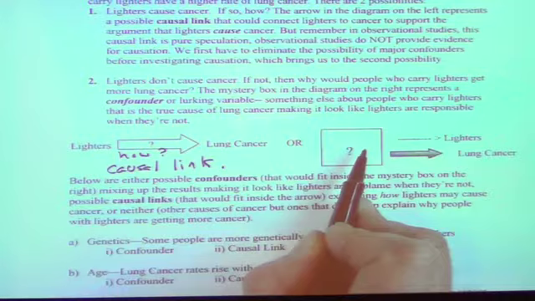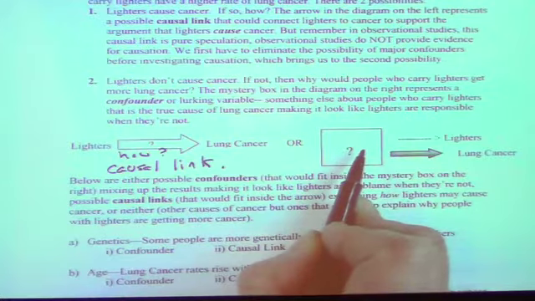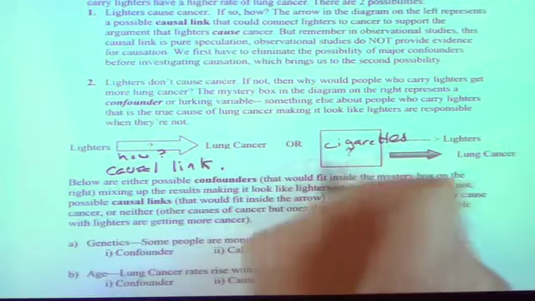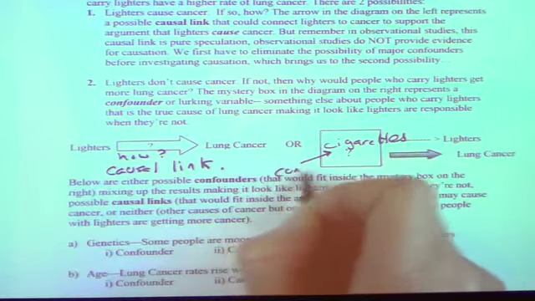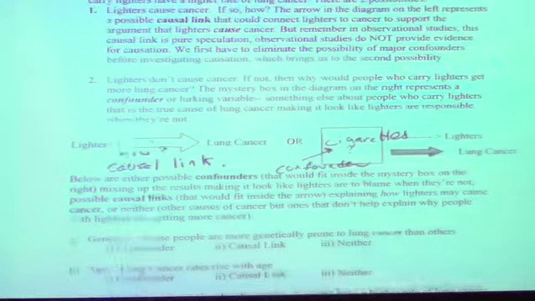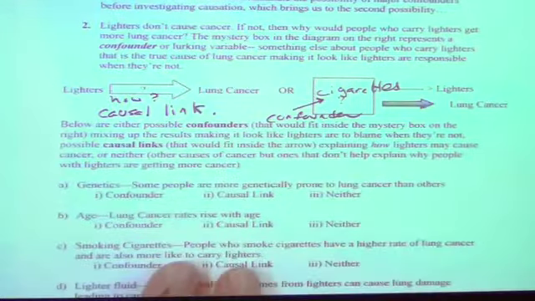What do you think it could be? Cigarettes. Why? Because people who carry lighters are going to be more likely to carry cigarettes. So that would be a confounder.